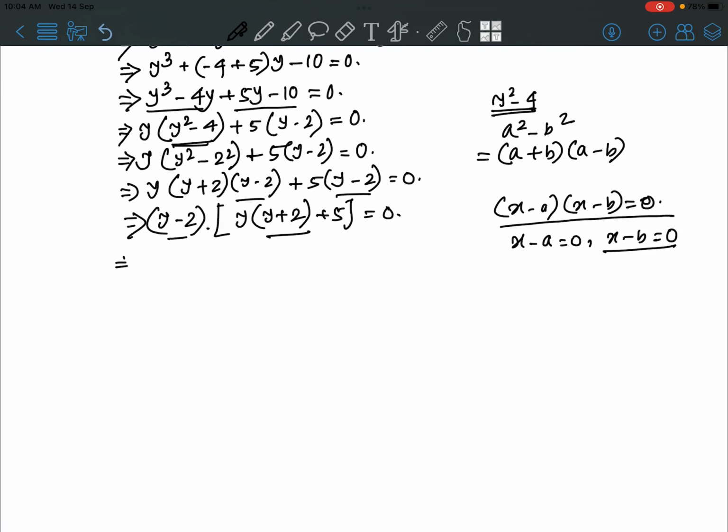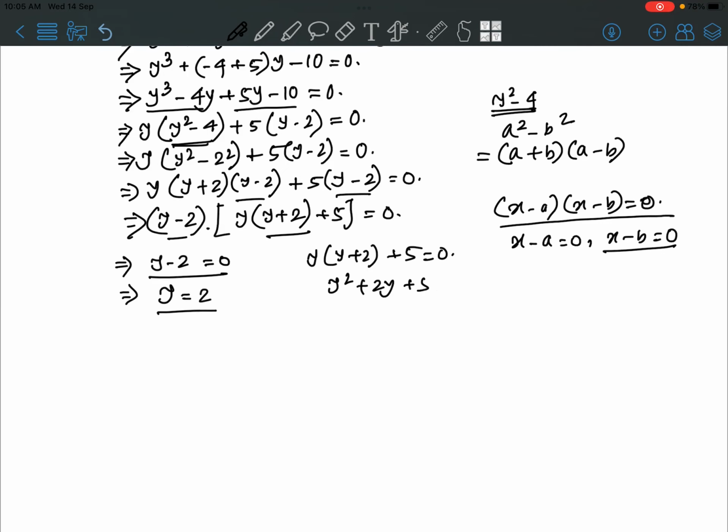So in this case we can write y minus 2 equals 0 and y into y plus 2 plus 5 equals 0. From the first function we get y equals 2, and the second function is y square plus 2y plus 5 equals 0.